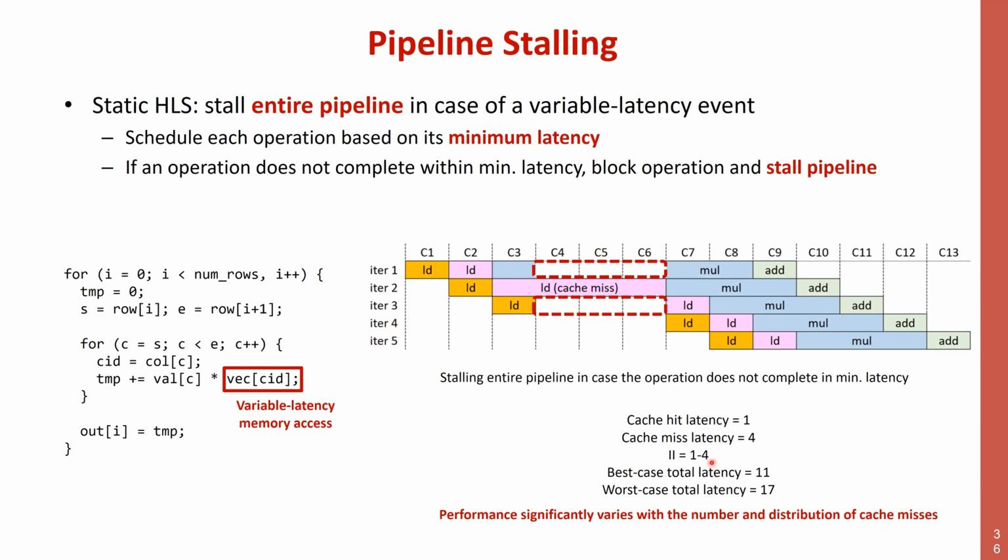We seem to be doing better in some sense because we are now trying to react positively to the fact that some loads are hits, but in reality we are damaging the throughput, and we are damaging it by an extent that depends on how many misses there are.